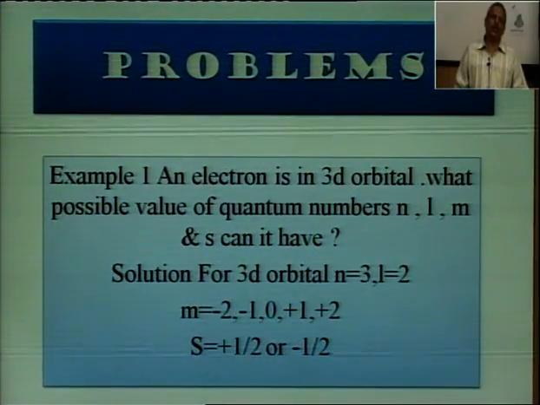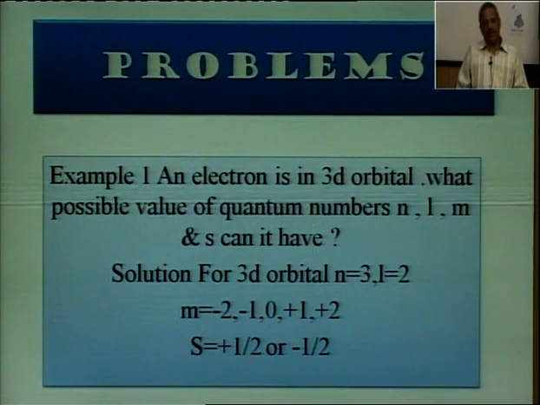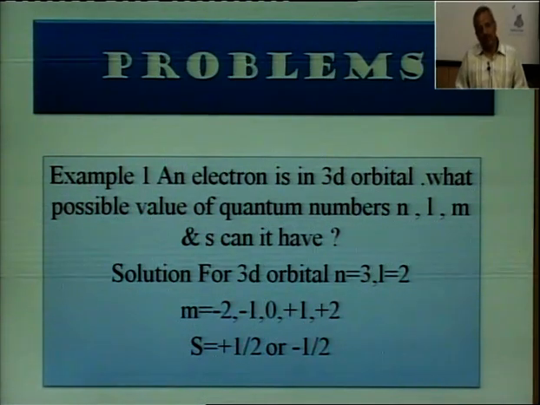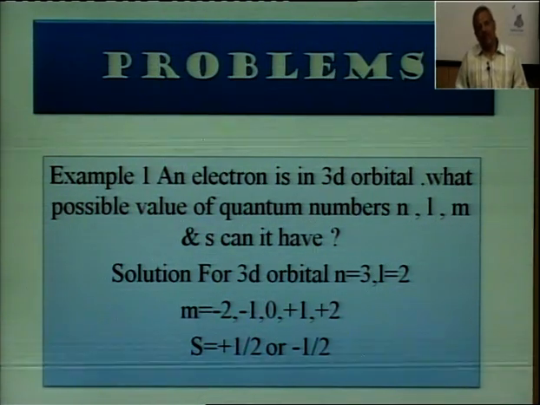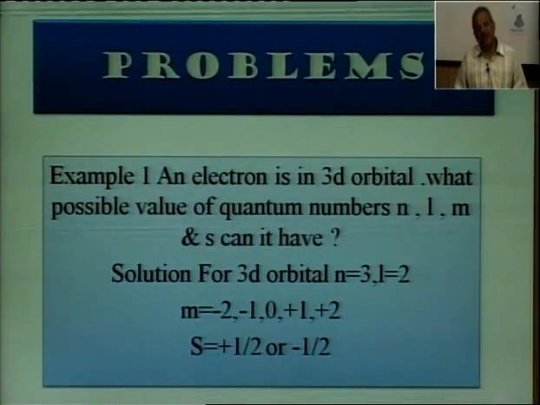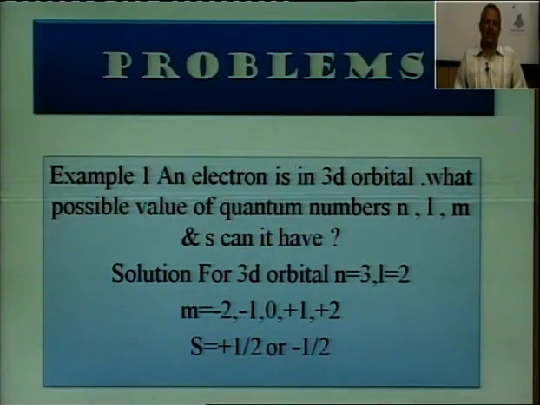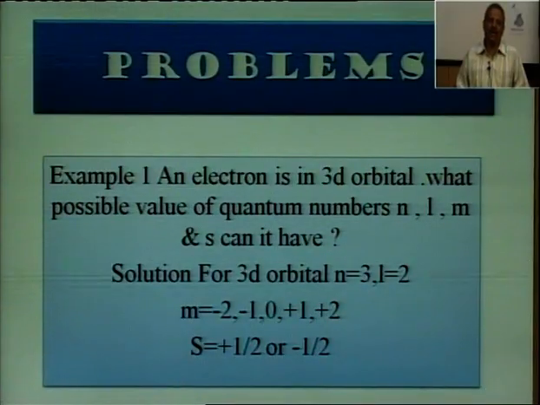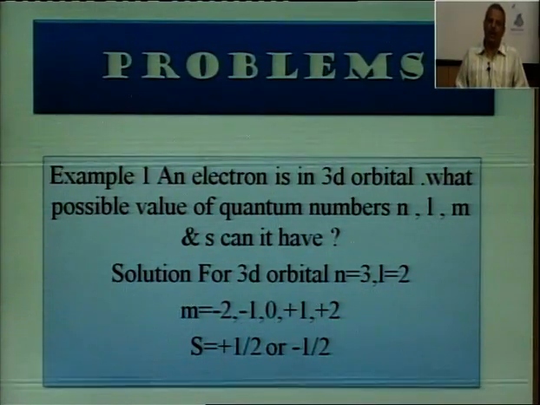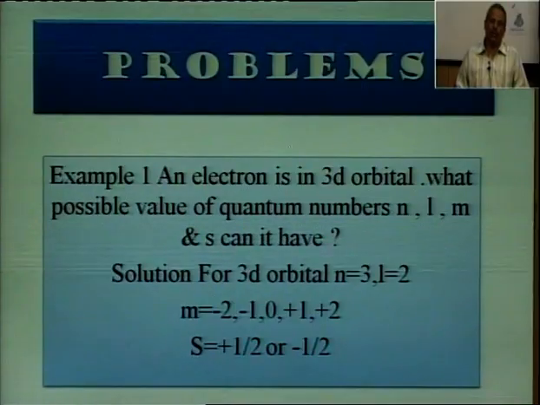Now, there is one problem. For example, an electron is in a 3d orbital. What possible quantum numbers can it have? The 3 represents the main energy level, so the value of n is equal to 3.